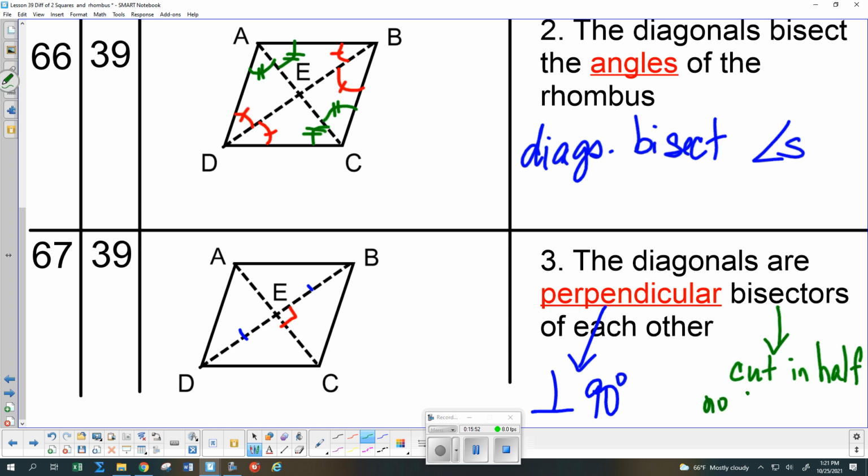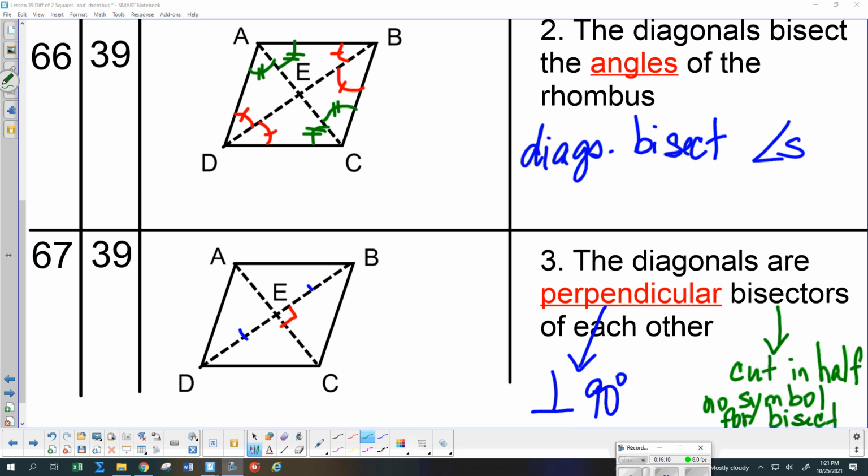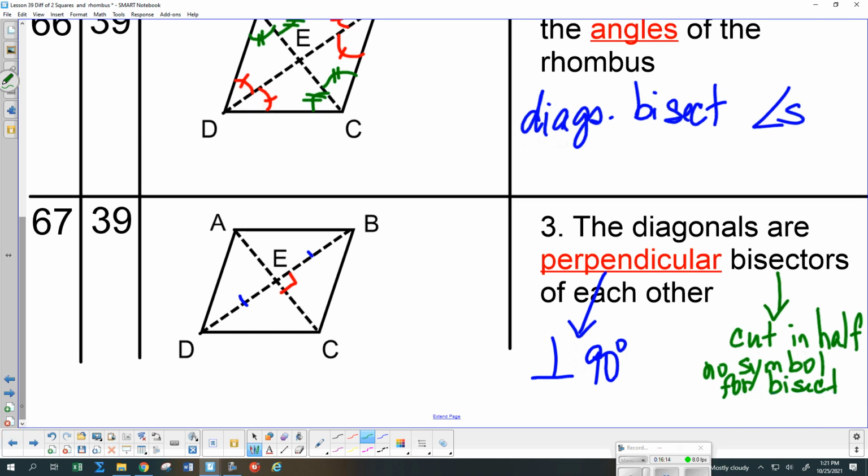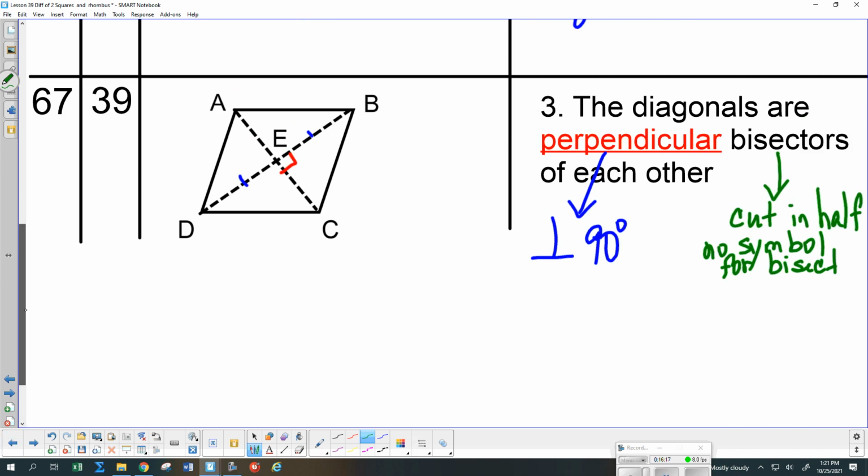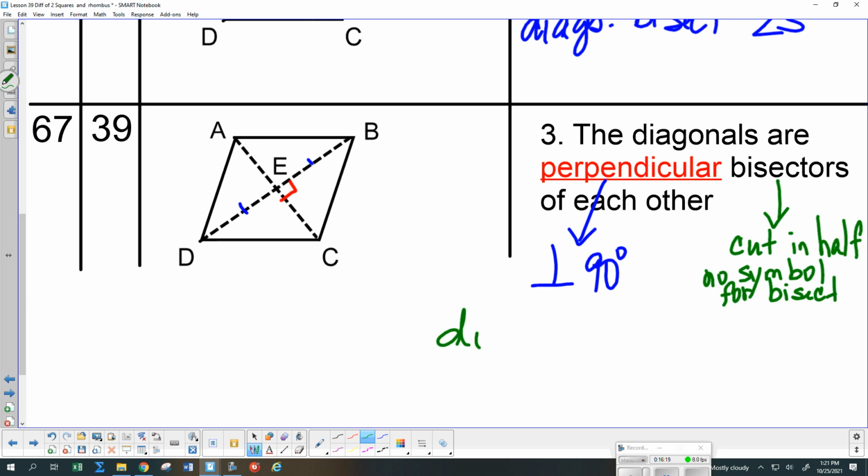There is no symbol for bisect. Do not use the upside down T for bisect, because upside down T means 90 degrees. So if we are using this last property to say that we have a 90-degree angle, we would say diagonals are perpendicular, if that's the part that we were needing.